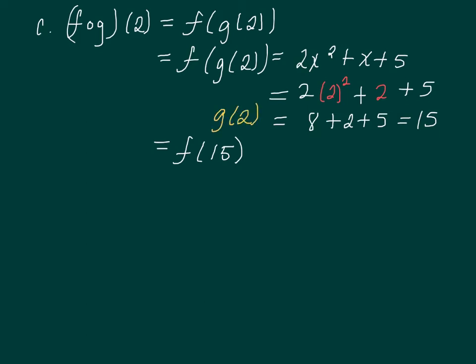So that answer was 15. So my f function, remember, was 4 minus x. So that means wherever you see an x, you're going to plug in 15. 4 minus 15 is negative 11. So that's your answer. So you always go inside out.